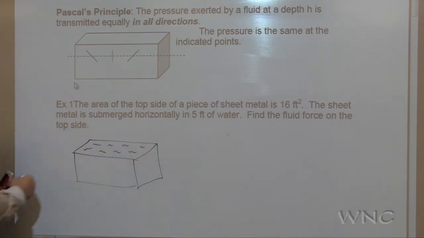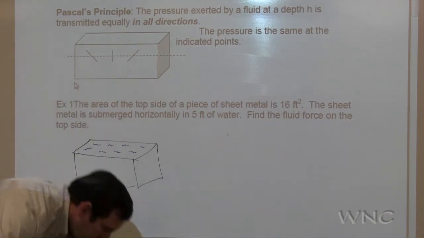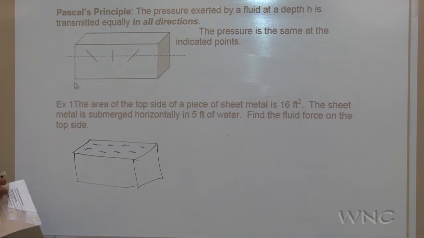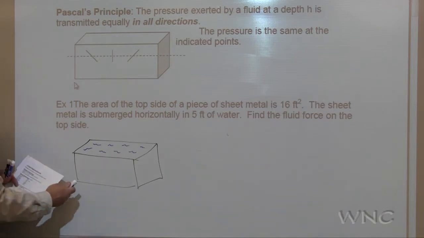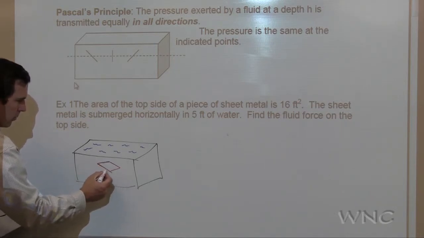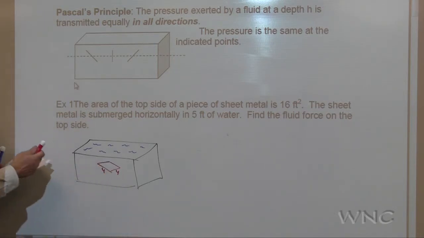That's the universal symbol for water there, little waves. Okay, so we have a tank, a piece of sheet metal. Let's say it's a square. And that's 5 feet down.